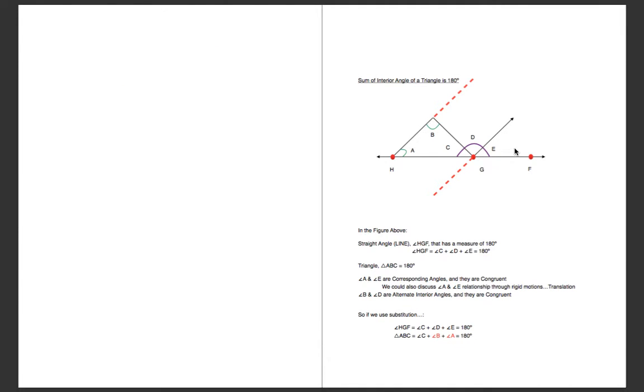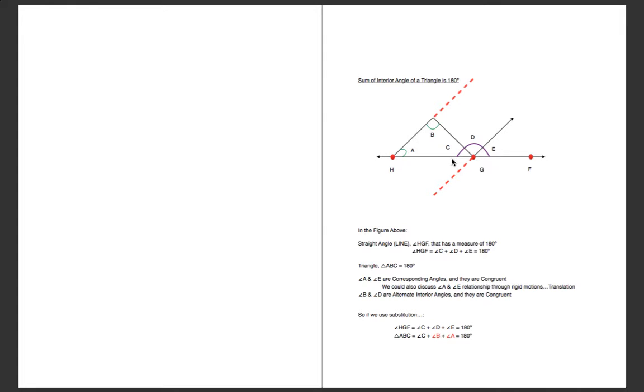Next, I was asked to talk about the sum of interior angles of a triangle. This figure allows students to use the previously learned material in basic rigid motion and congruent angles and angle relationships.